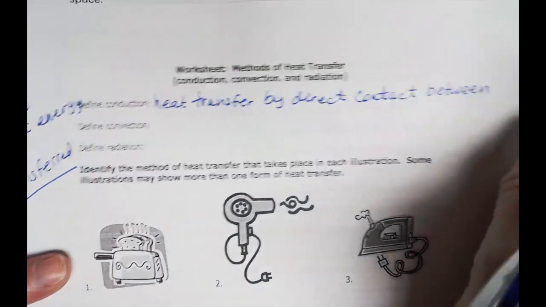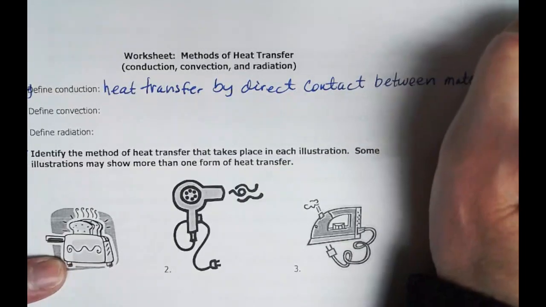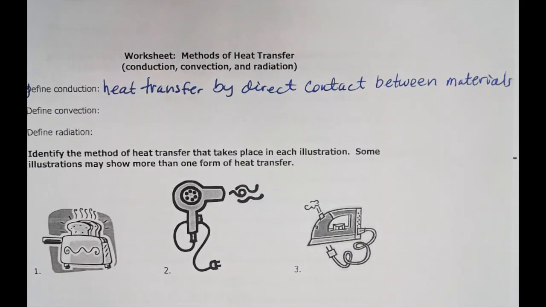Okay, can you still see that? Kind of. It's the first one. Heat transfer by direct contact between materials. So remember your windows on your house, right? Your doors.